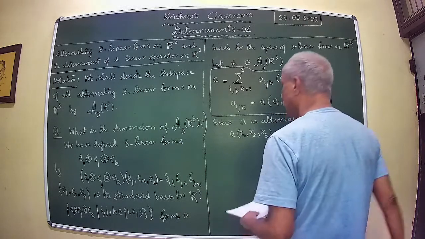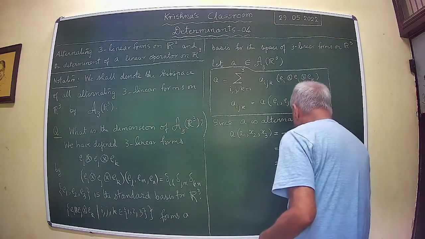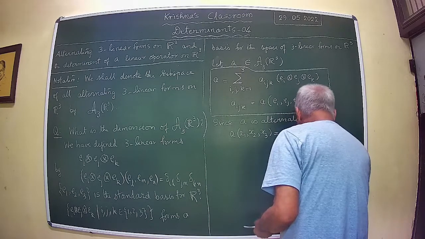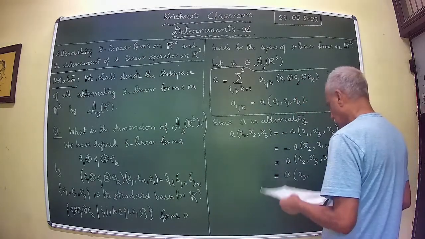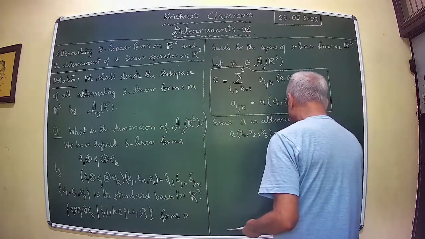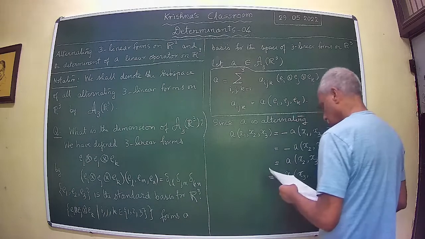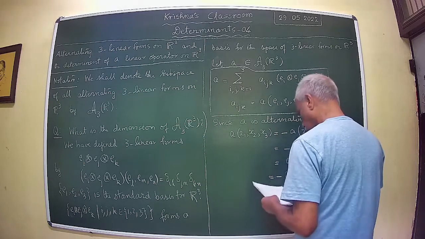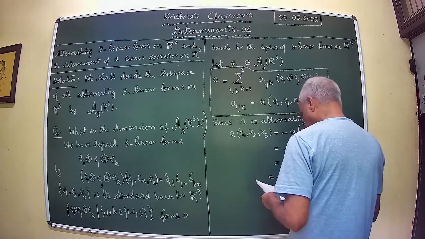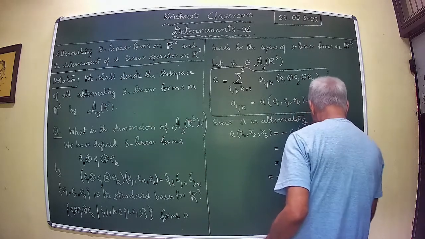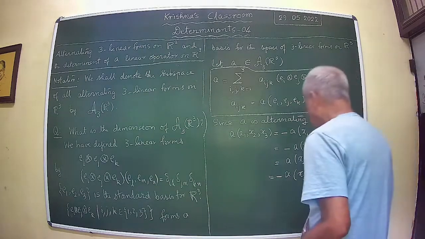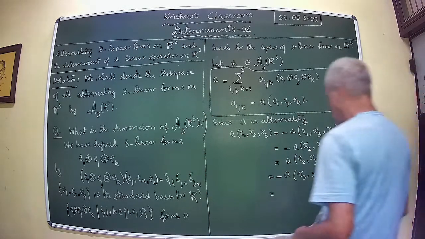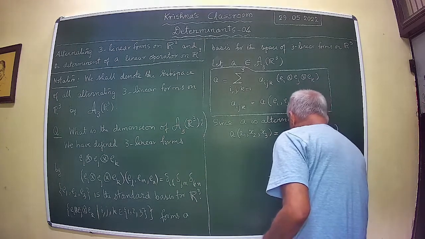Now which is also equal to A of x3, x1, x2, and this is equal to minus of, sorry, plus of A of x3, x2, x1.